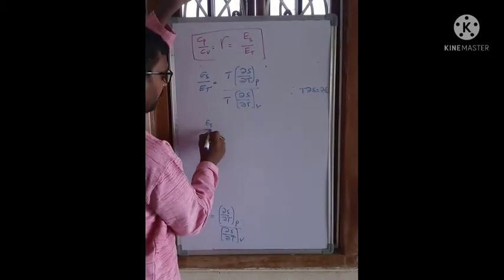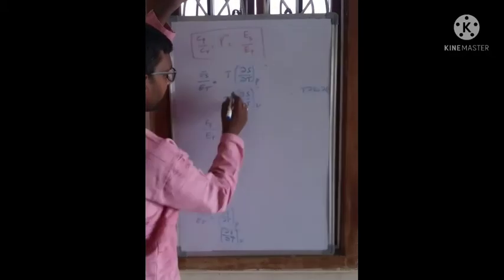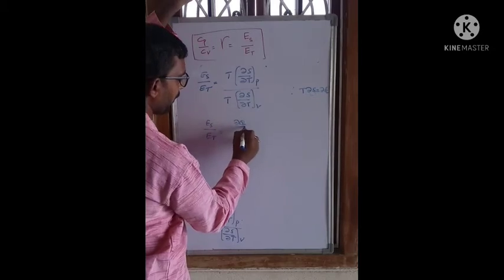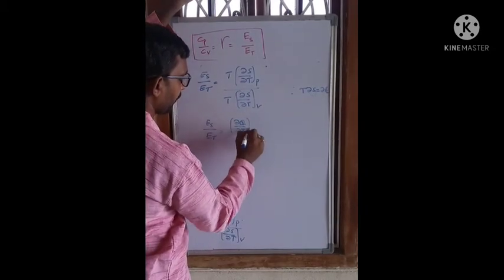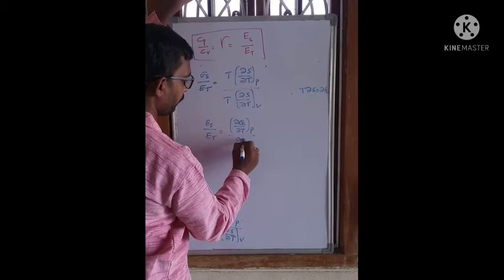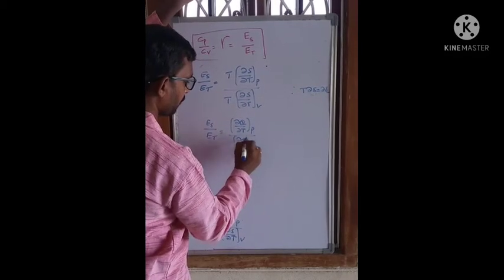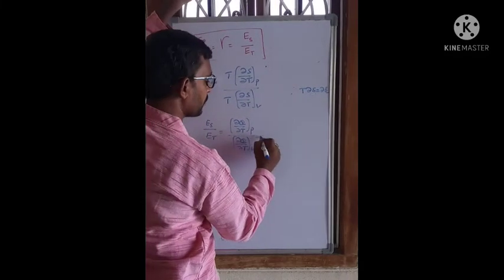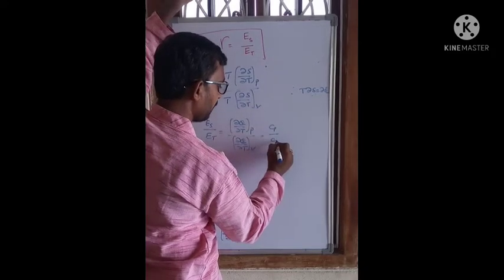Substituting in the above equation, we get ES by ET equal to (∂Q/∂T) at constant P over (∂Q/∂T) at constant V. This can also be written as Cp by Cv.